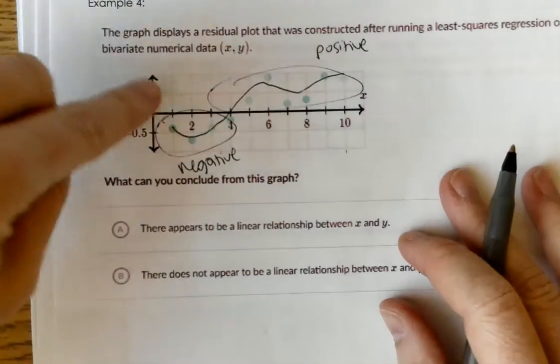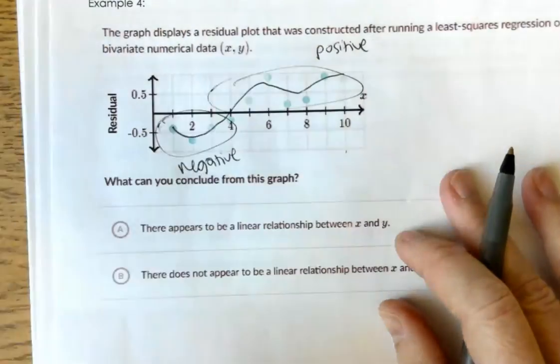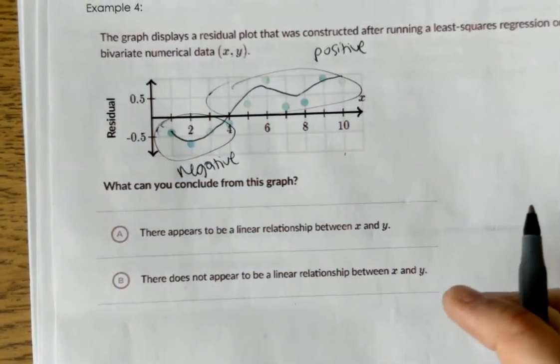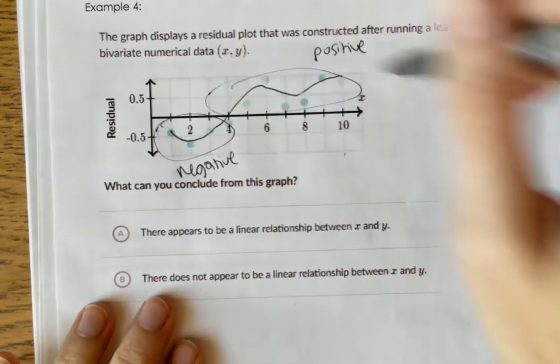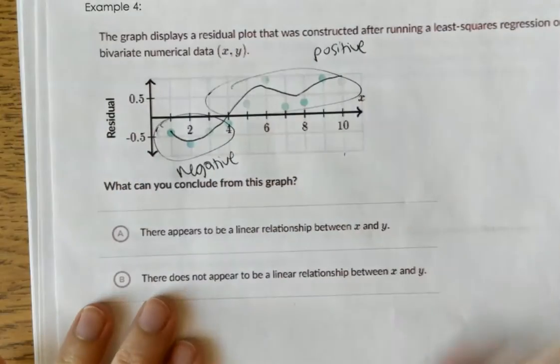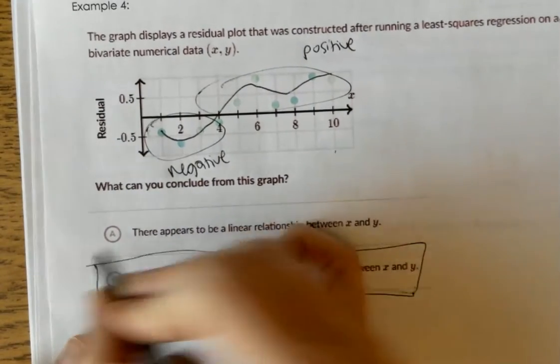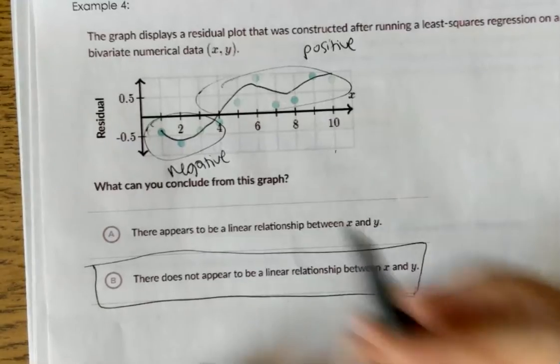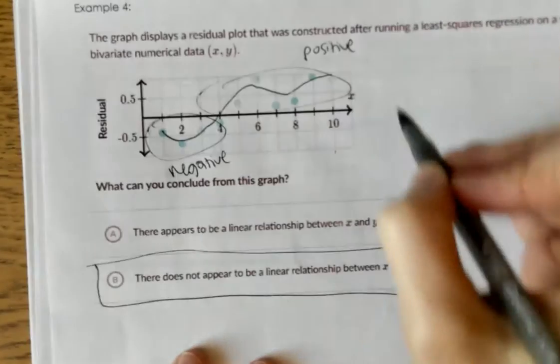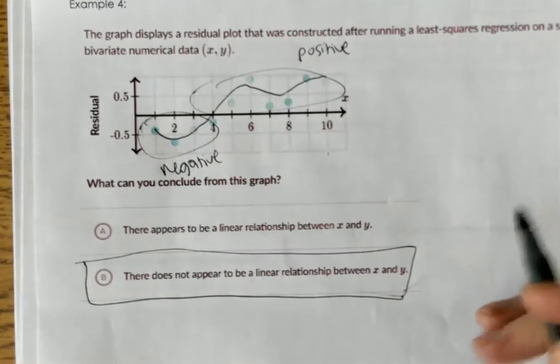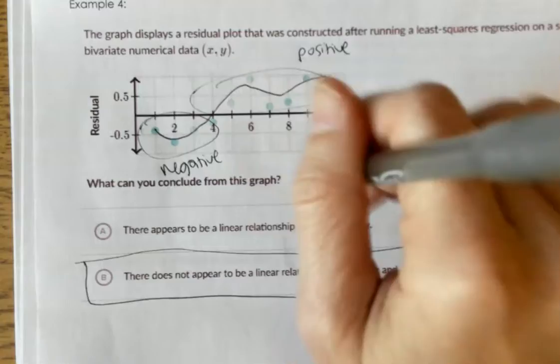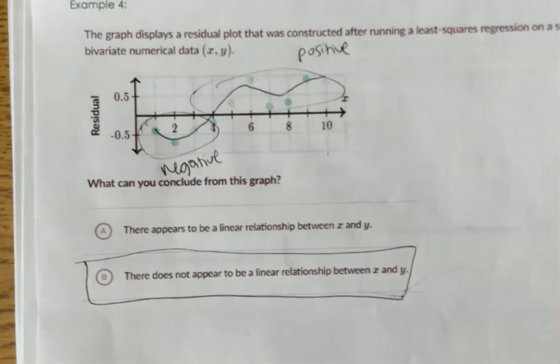That is a sure sign, that curve, that my linear model is not appropriate. I need random residuals all over the place for my linear model to be appropriate. So B is my conclusion here. There does not appear to be a linear relationship because there's a curve in my residual plot. I want it to be random. I want there to be positive and negative throughout the residual plot.